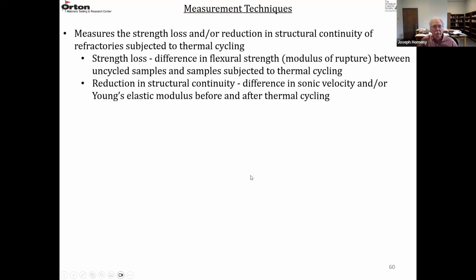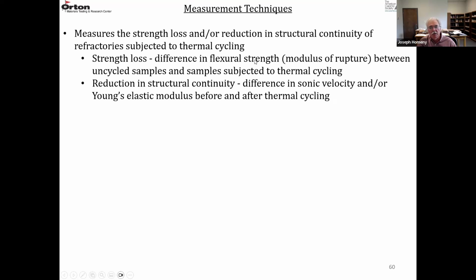It's usually, the standard ASTM test now is 1-inch cross-section bars, 6 inches long, thermally cycled in and out of a furnace, usually about 2200 degrees F, 5 cycles in and out, and then you measure the strength loss or the reduction in continuity.